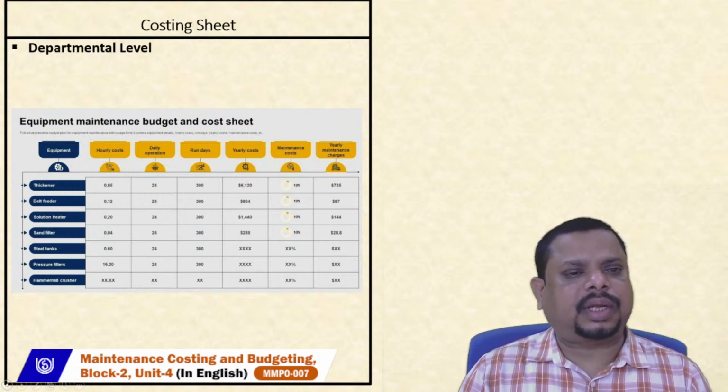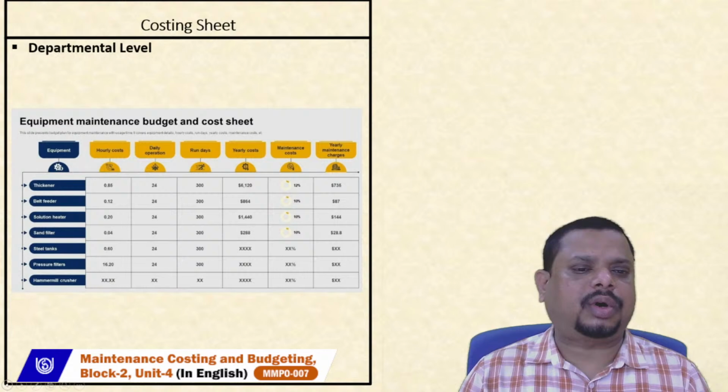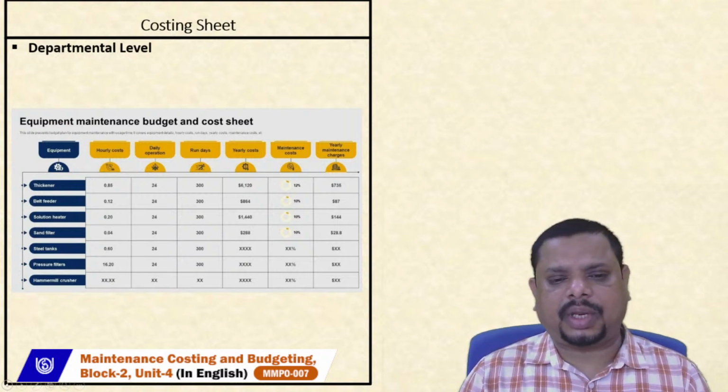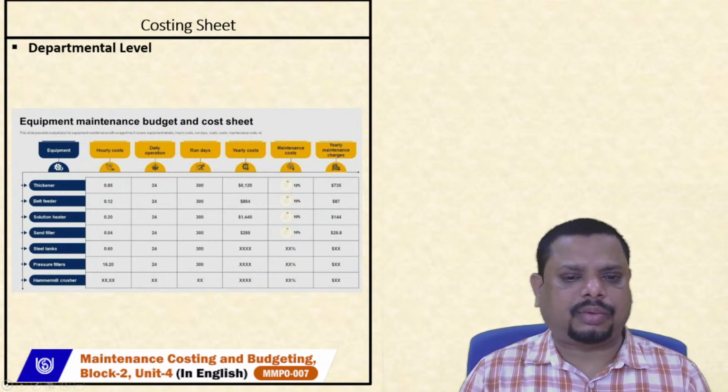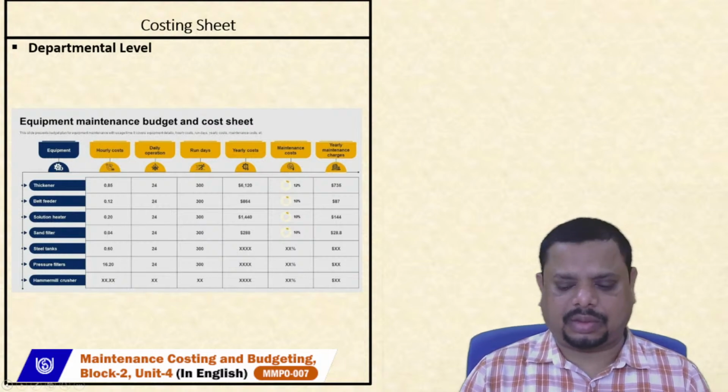In that case, they can easily get clear visibility from the functional level to the top level of management. So whenever they go for costing and budgeting of maintenance cost, there should not be any kind of duplication and replication. And if duplication and replication happen, that should be easily avoided from the department levels.